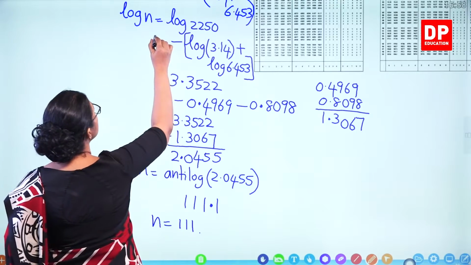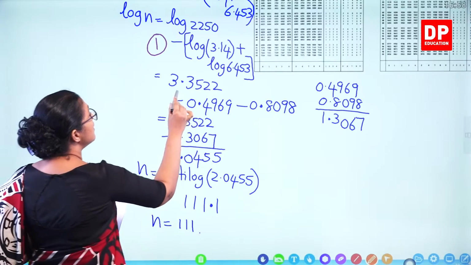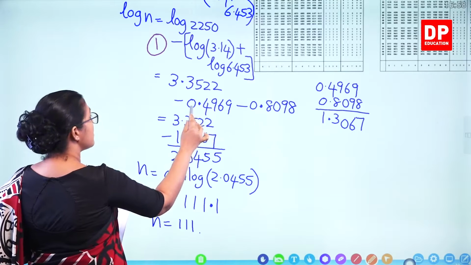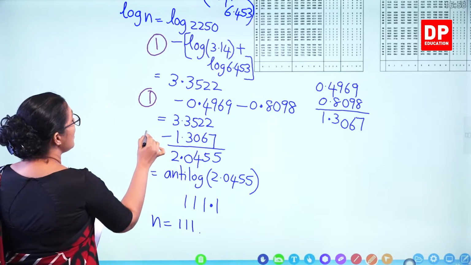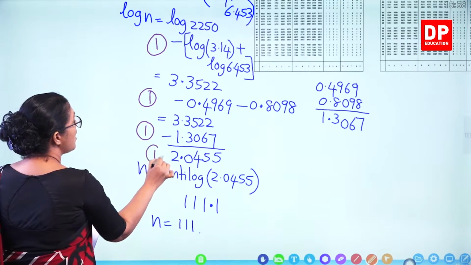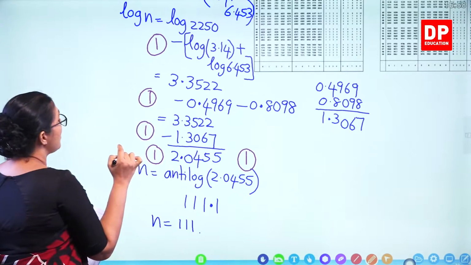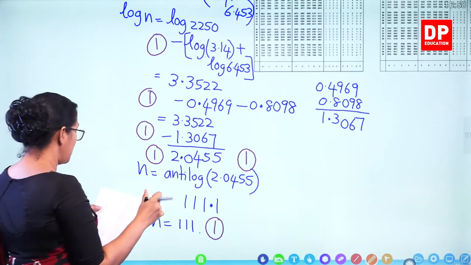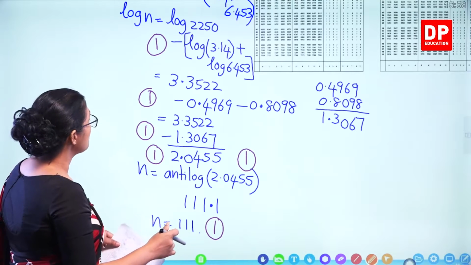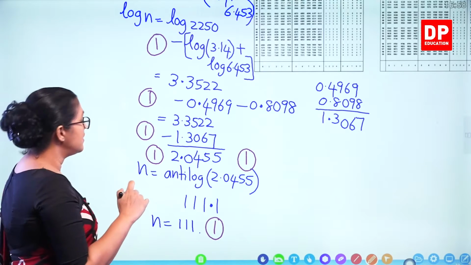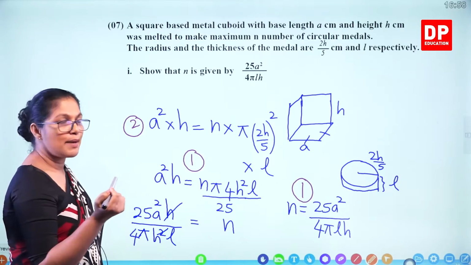So all these log notation 1 mark, and here writing down the correct log values 1 mark, and subtraction here 2 marks, taking antilog value another 1, and here finding the maximum N, another 1 mark. So 6 marks, 1, 2, 3, 4, 5, 6. And earlier we gave 4. Altogether 10 marks.